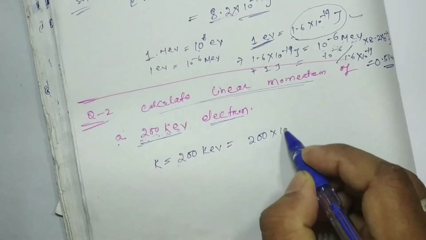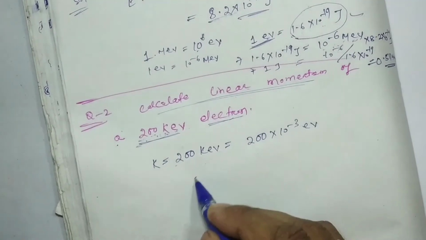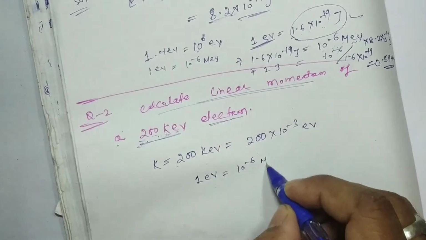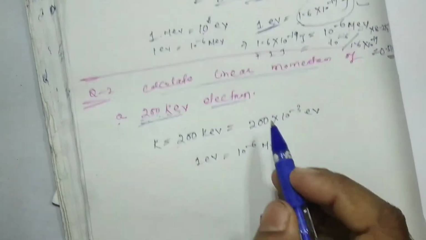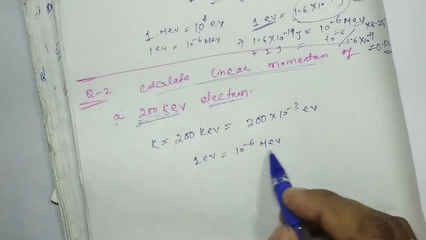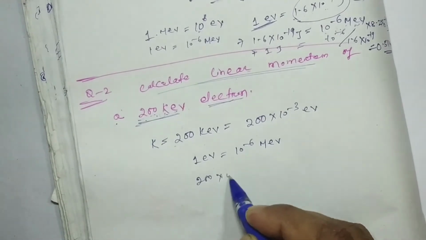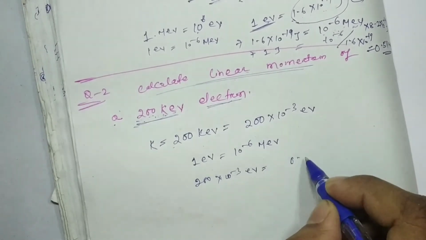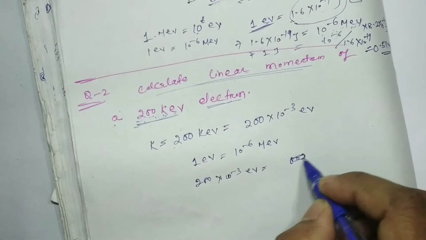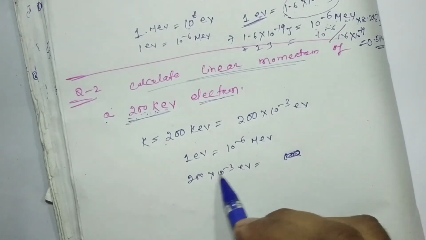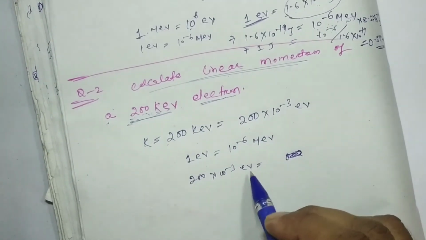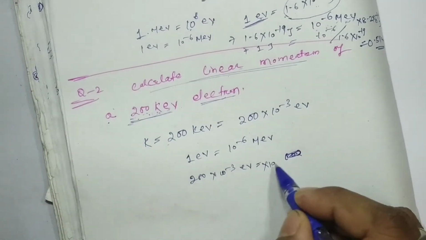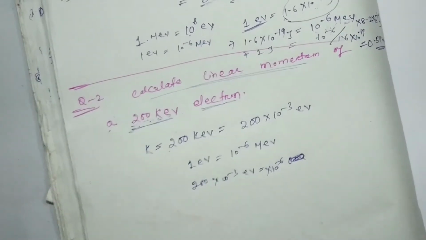That means 200 into 10 to the 3 electron volt. Sorry, I made a mistake here.